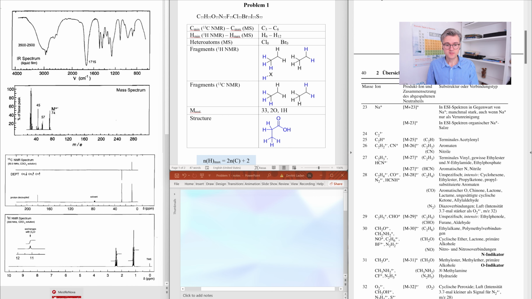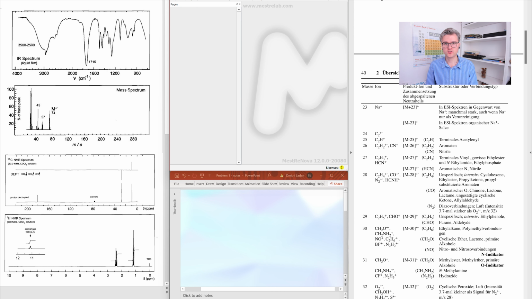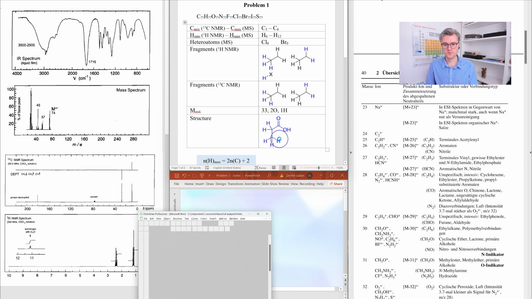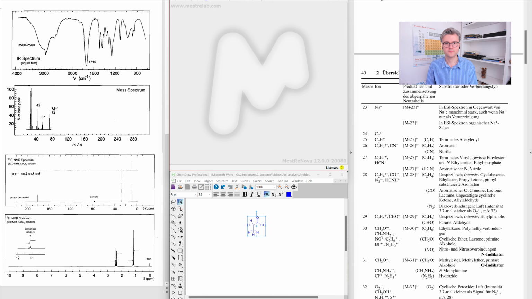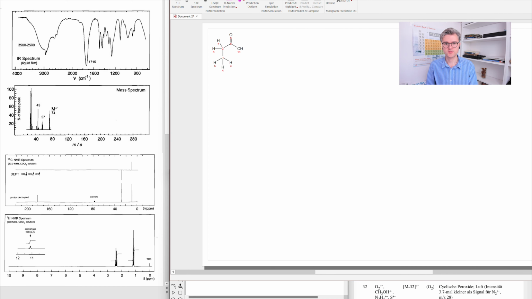Actually, we determined the structure, and to be 100% sure, we can do a determination of the structure in the program MestReNova. We'll just copy this molecule, paste it into the program, and we can ask the program for a prediction.